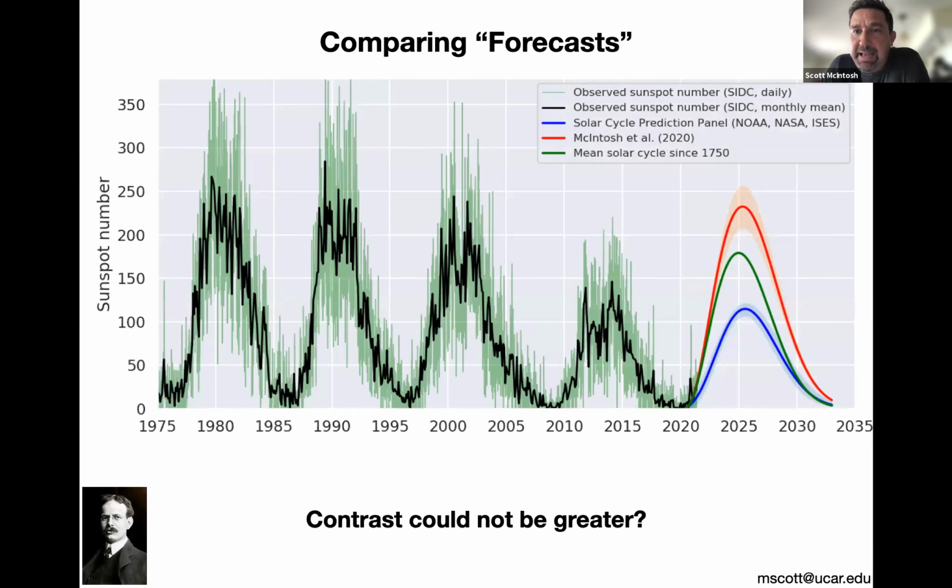Now, if the terminator happens soon, and we think it will, we'll be able to put that red curve on a final course. It may just be slightly bigger than the mean, but it's still significantly bigger than the consensus panel.